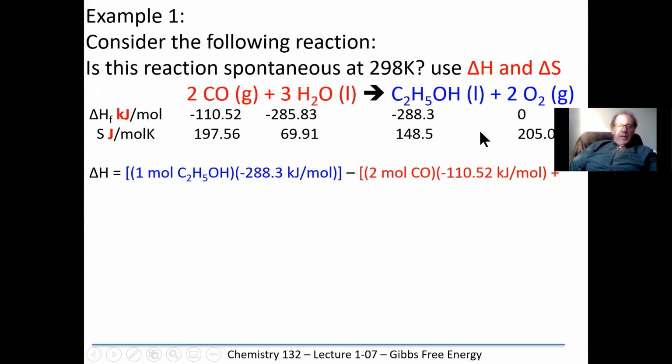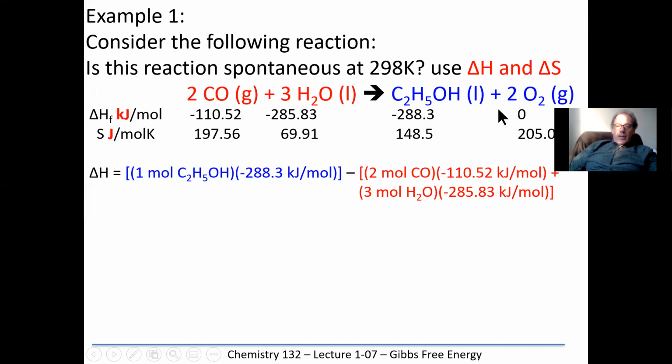That's a fairly common theme. Again, we're going to take delta H this time. We're going to calculate it from the sum of the enthalpies of formation of products, subtract the sum of the enthalpies of formation of reactants, where we define the enthalpy of formation of elements in their standard elemental states as 0.